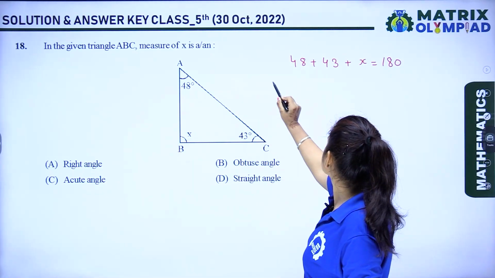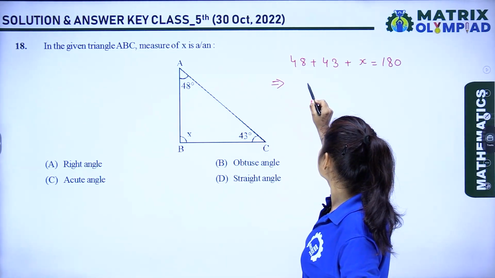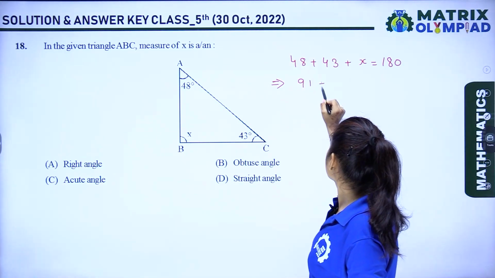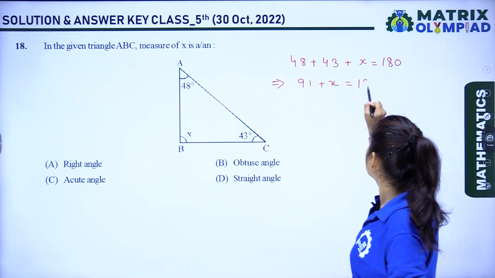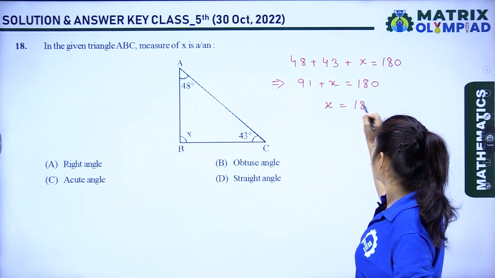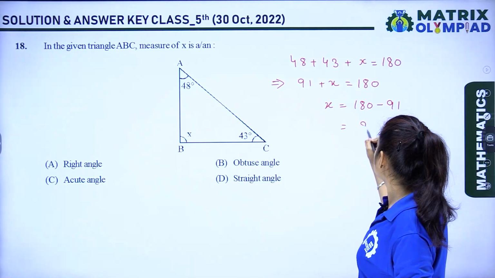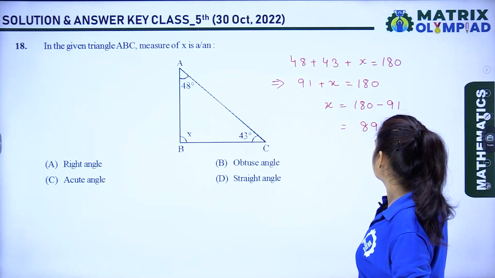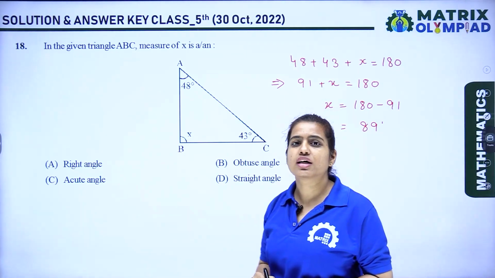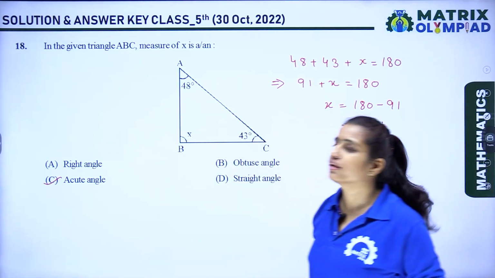Now adding these two numbers 48 and 43, we get 91 plus x equal to 180. So here the value of x will be 180 minus 91, that is equal to 89 degrees. So here 89 degrees is an acute angle. So here option C is the correct answer.